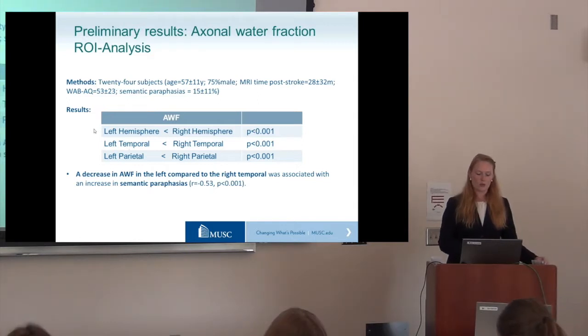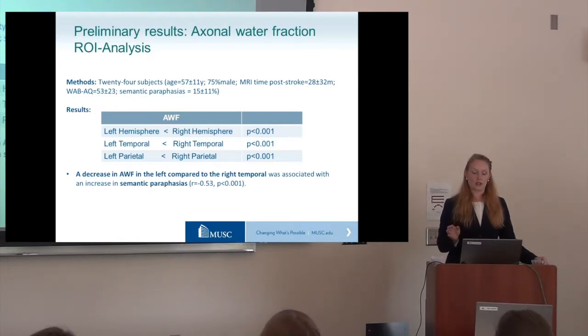We saw that the axonal water fraction is significantly different in the whole hemisphere, so maybe pointing towards some widespread axonal loss. Then we saw the same for the left temporal lobe, which had significantly lower axonal water fraction, or maybe axon density, compared to the right temporal lobe.